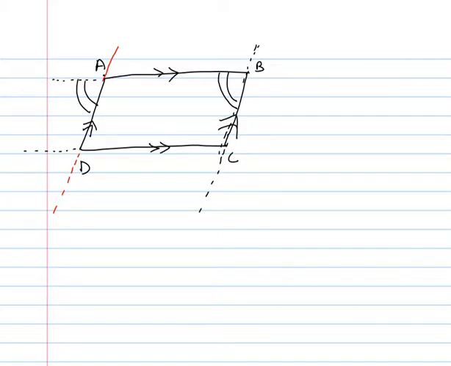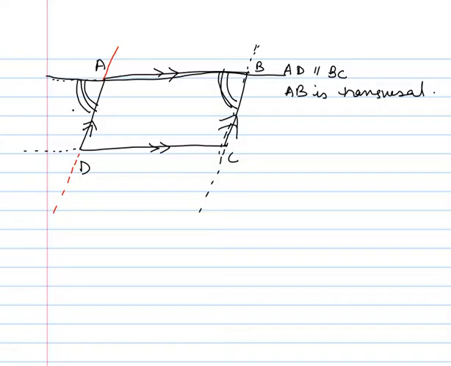Consider AD is parallel to BC, whereas AB is transversal. So these two angles are the corresponding angles.